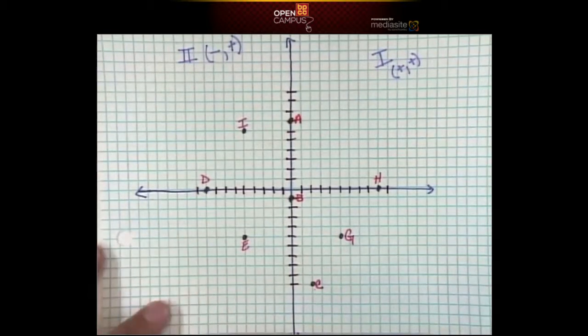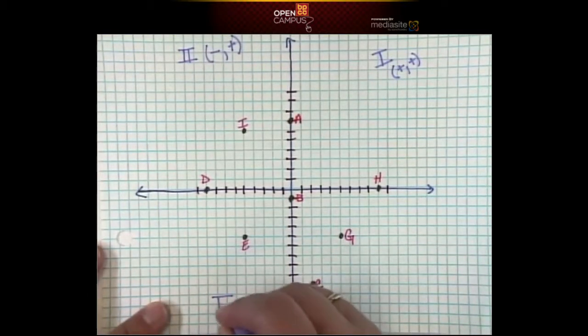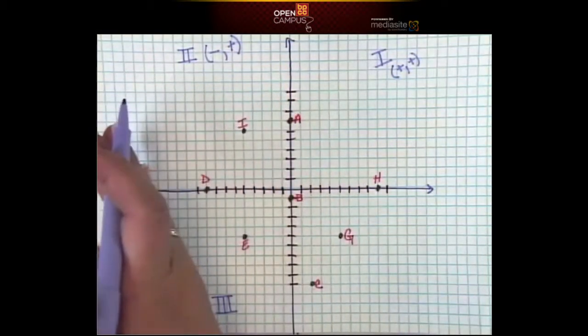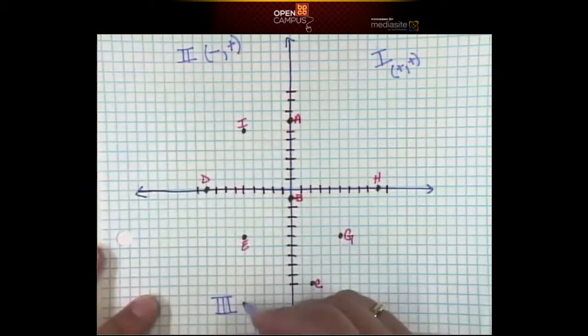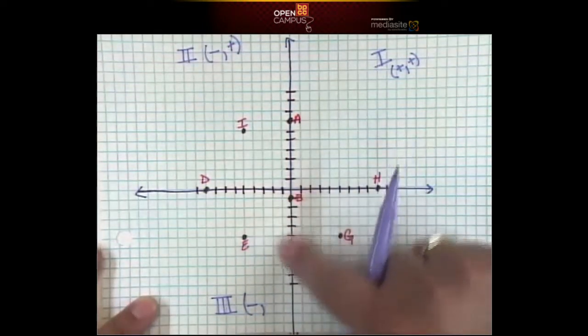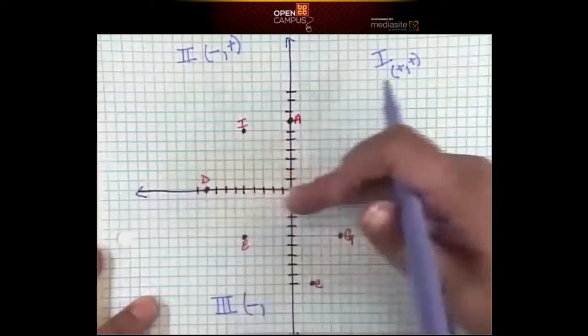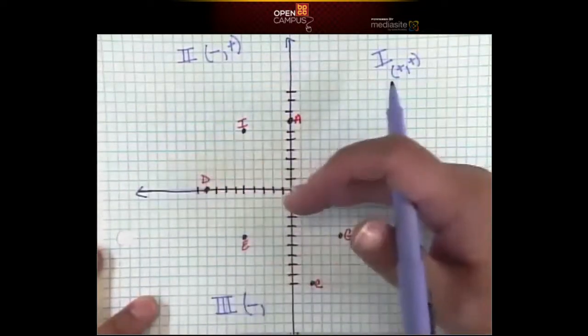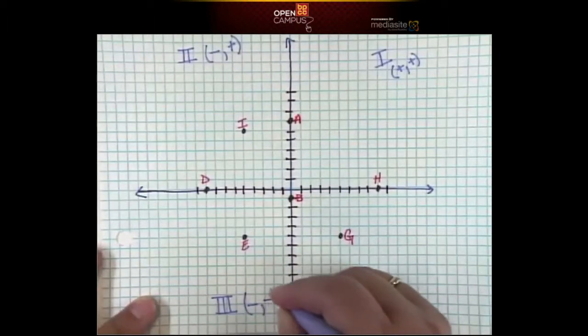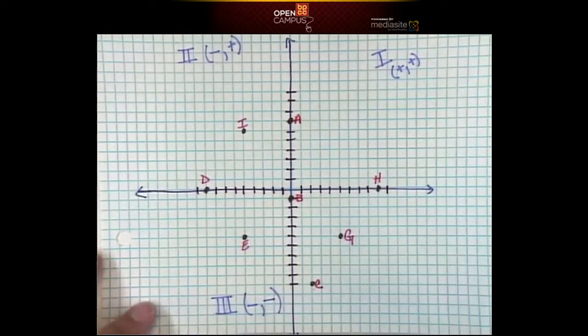All right, so let's move down a little bit so you can see. In quadrant 3, look where I'm at. Not only am I to the left, so not only is my x value negative, but I'm also below the horizon, if you want to call it the horizontal axis. I'm down here. So because I'm down, my y value is also negative.